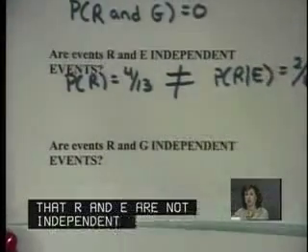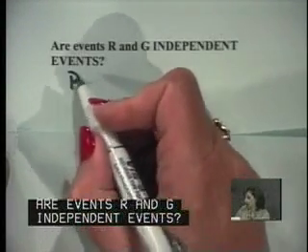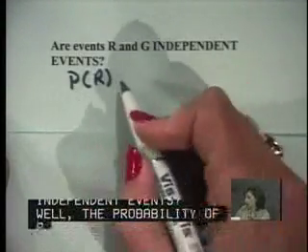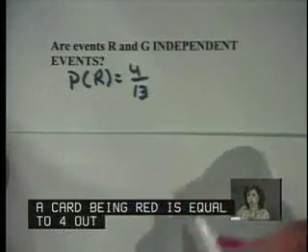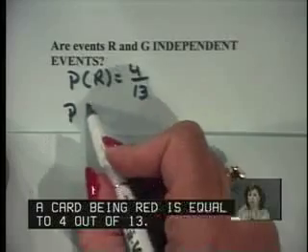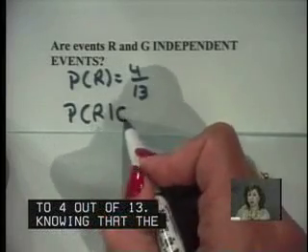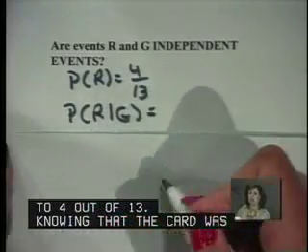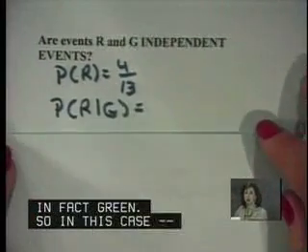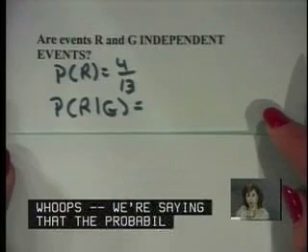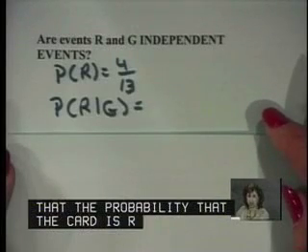All right, now let's look at R and G. Are events R and G independent events? Well, the probability of a card being red is equal to 4 out of 13. Knowing that the card was in fact green, so in this case, we're saying that the probability that the card is red is 4 out of 13.